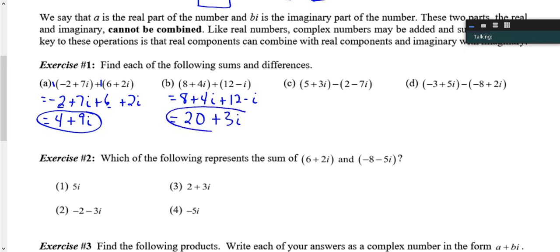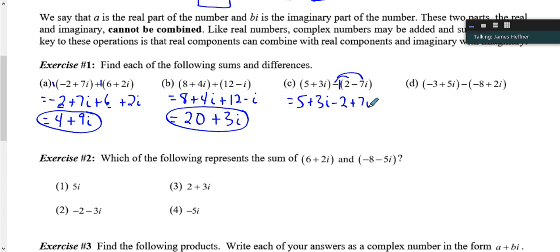Simple as that. Now part C, we've got to be careful, because we're subtracting the one on the right. So we do need to distribute that -1 through there. Don't make the mistake of just dropping the parentheses. We'd end up with 5 plus 3i, and then when we distribute, we get -2 plus 7i.